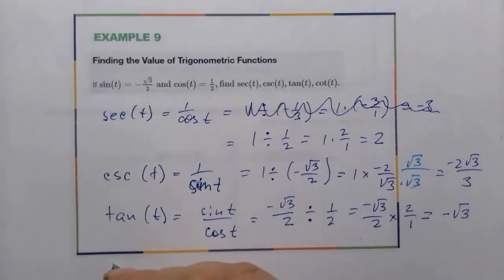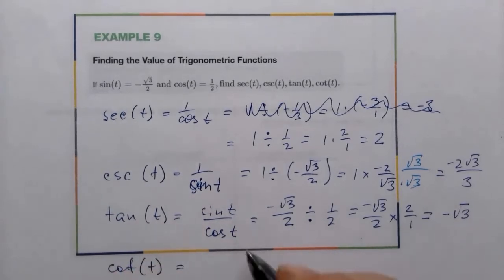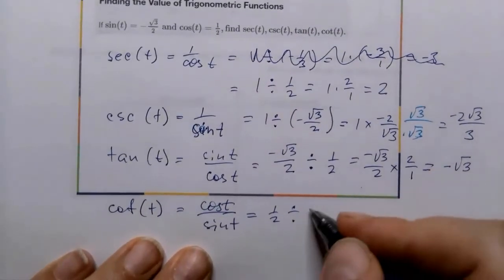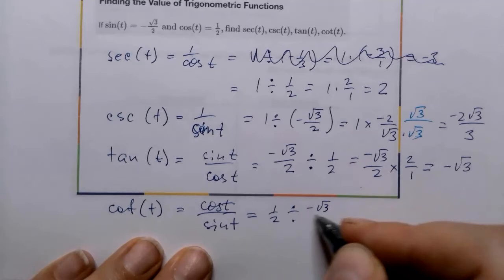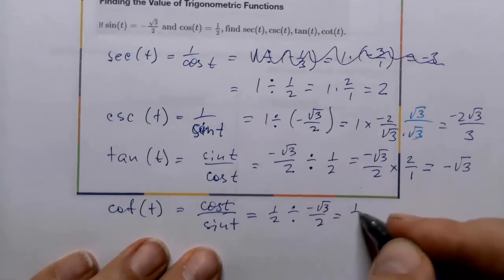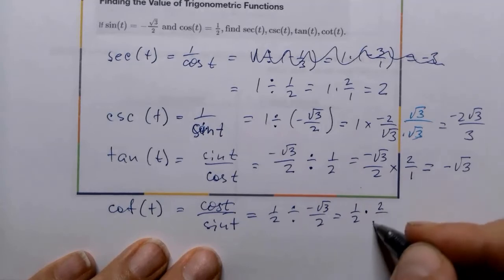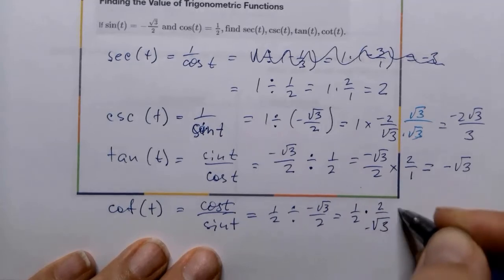And the cotangent is actually cosine t divided by sine t. So we have 1/2 divided by -√3 over 2, multiplying by the reciprocal of the second fraction.